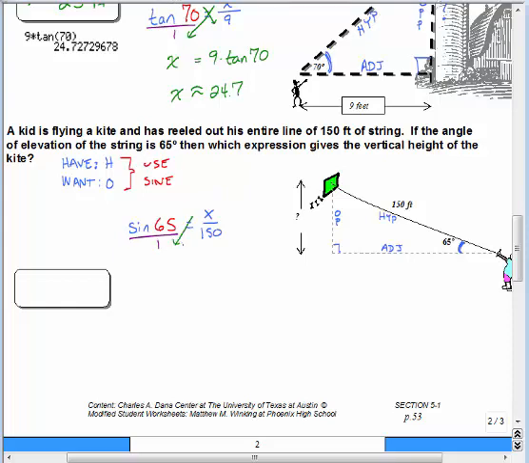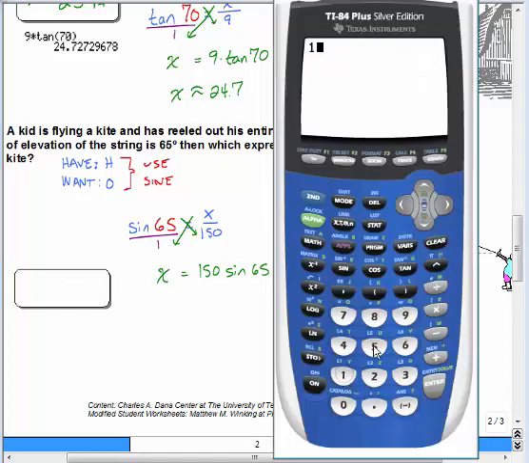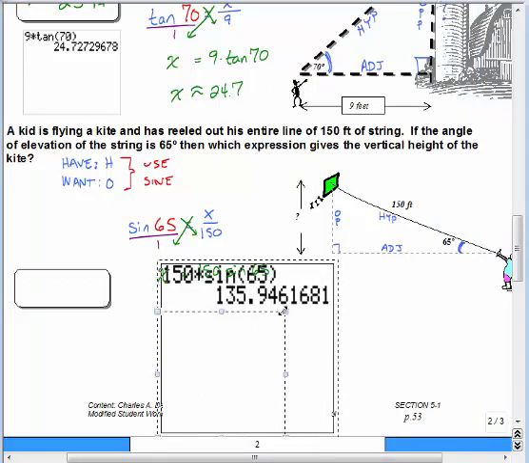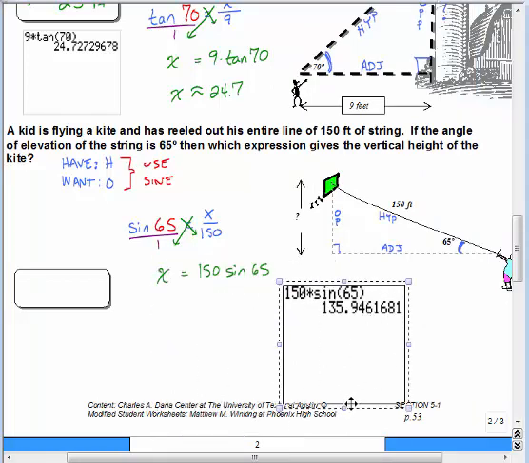Cross multiply and solve. So x times 1 is x. And then sine of 65 times 150, I'm going to write 150 first, times sine of 65. So it's saying the kite is approximately 136 feet in the air.